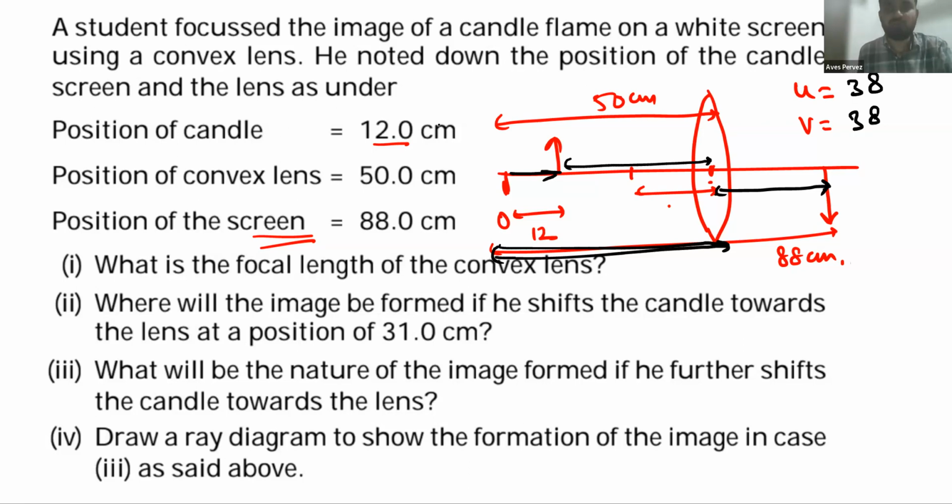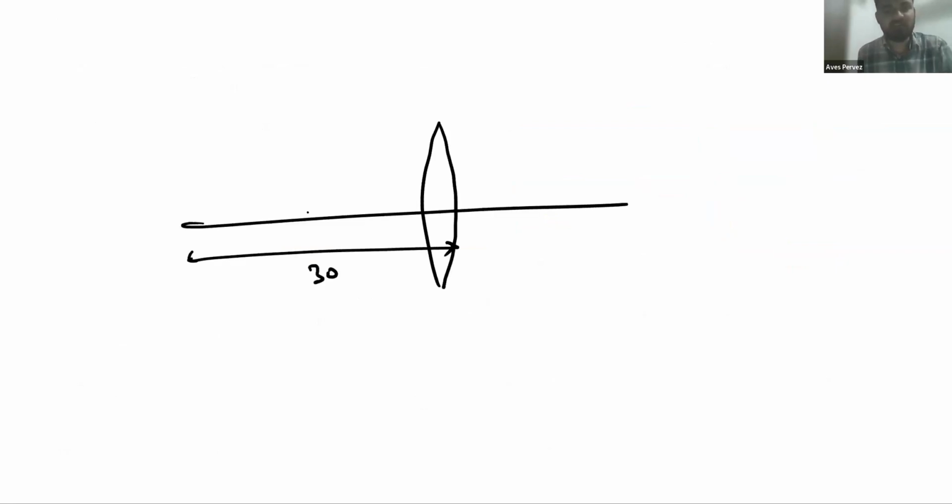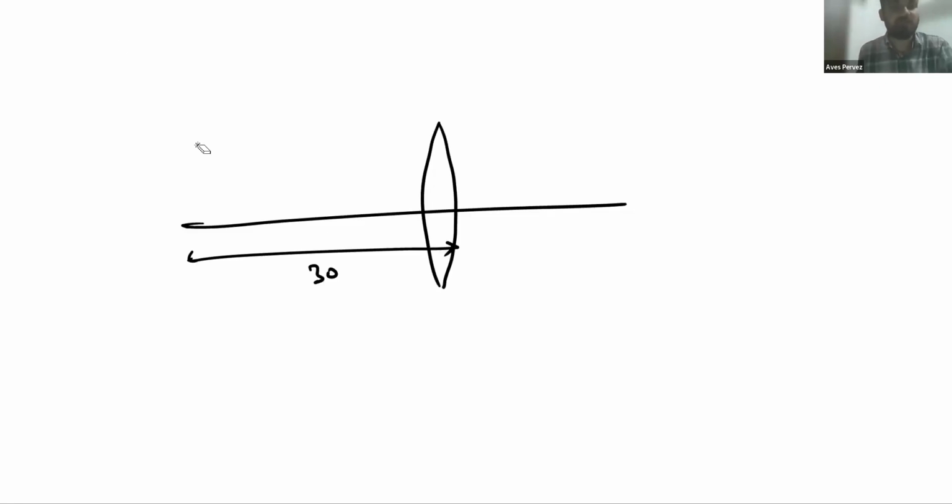Let's check where she is putting it. This is the lens here, and it is at 50. The lens is placed at 50, and now the object is placed from here. This is 0 and this is 50. Now she's putting the object at 31.